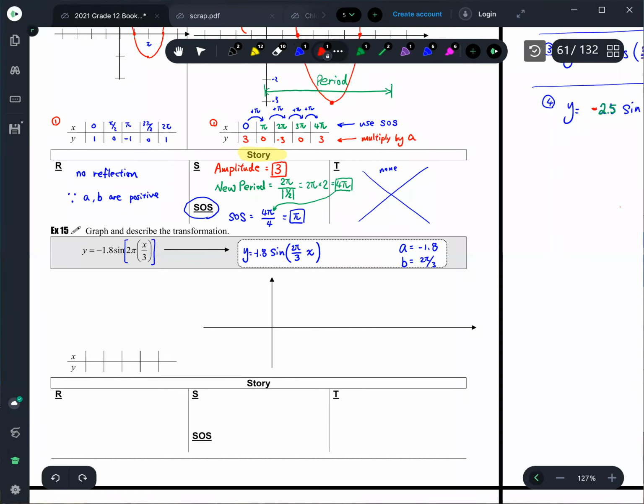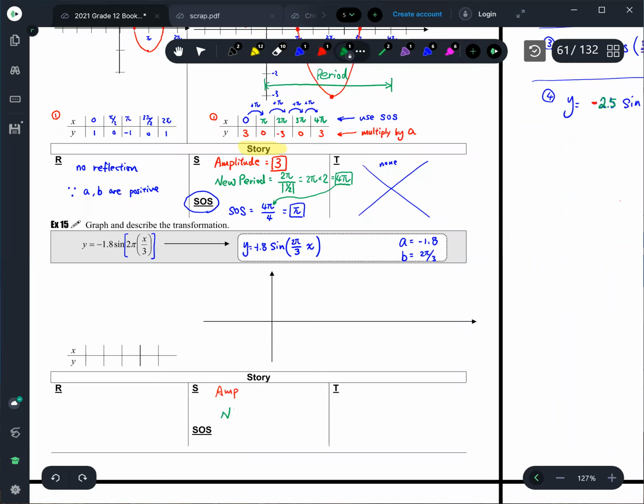We'll check those answers first. Amplitude, new period. Okay, second time should be faster. Size of space.